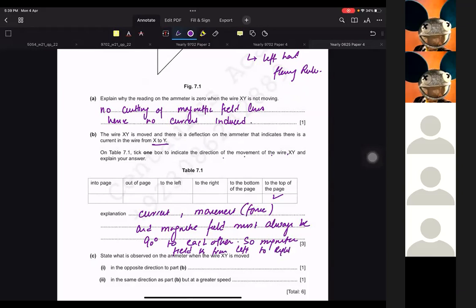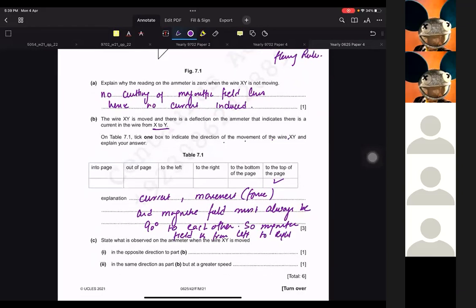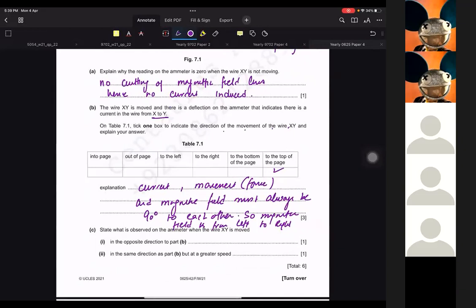Let's say state what is observed on the ammeter when the wire is moved in the opposite direction. So it will be the opposite current. Then the same direction but with greater speed. Greater speed means it will show you greater deflection or larger current, whatever you want to write. Moving faster means like this.